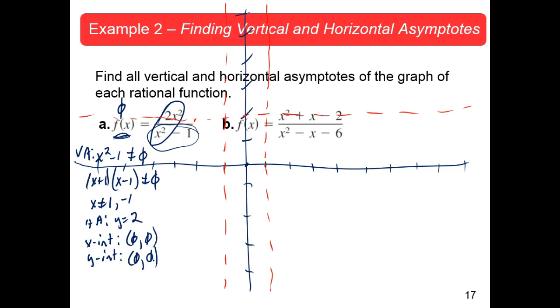So what we have to do: we've split the domain into the part left of -1, in between -1 and 1, and right of 1. We have a point here, but that doesn't tell us which way it's going. So we are going to need a point over here.